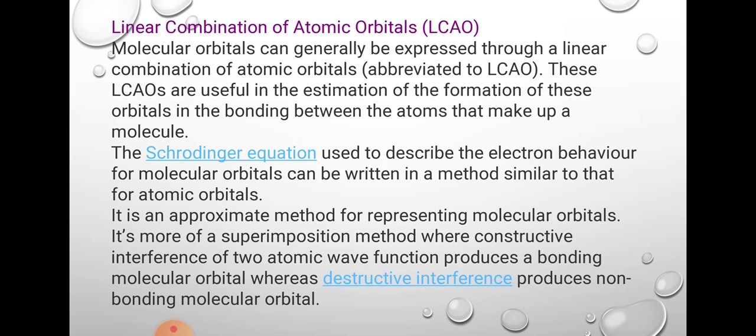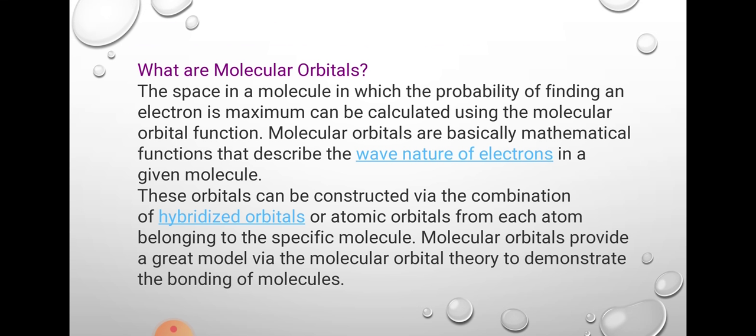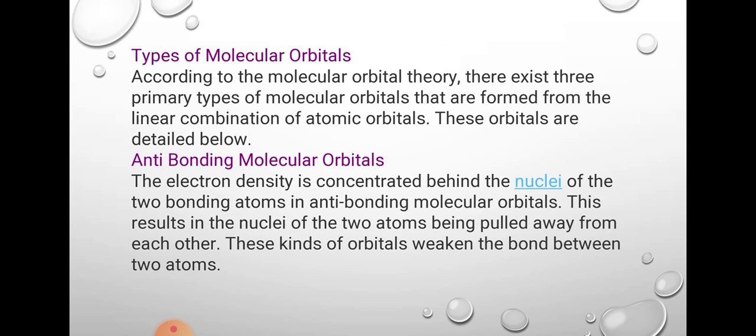So now let's see types of molecular orbitals. According to the molecular orbital theory, there exist three primary types of molecular orbital that are formed from the linear combination of atomic orbitals.